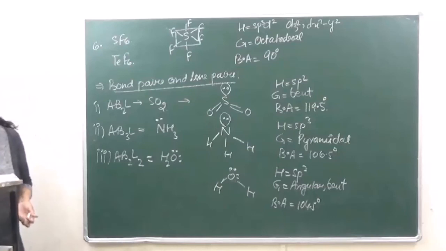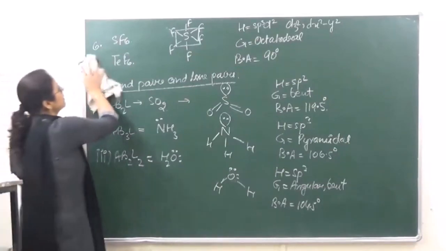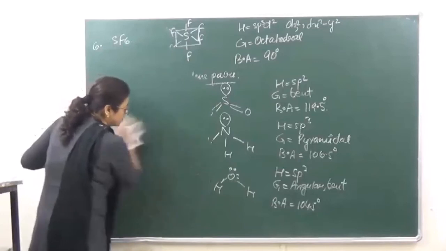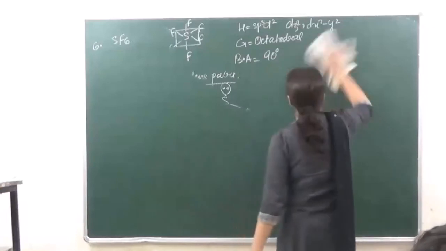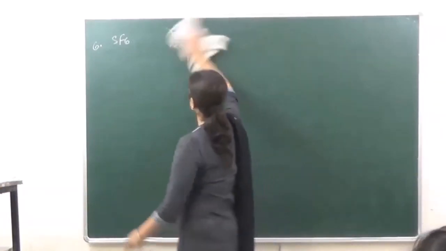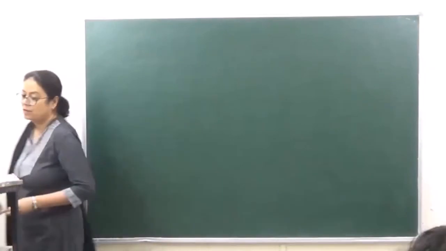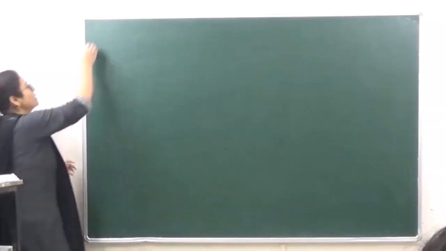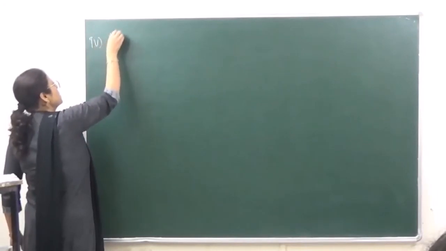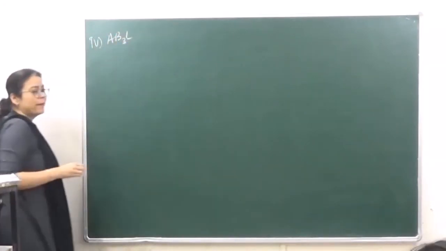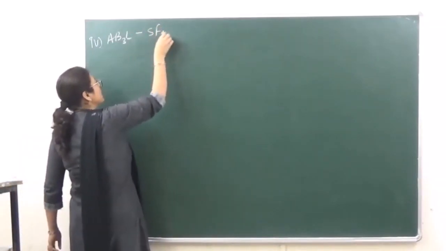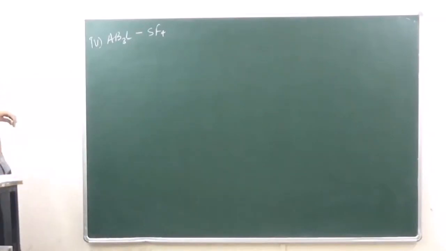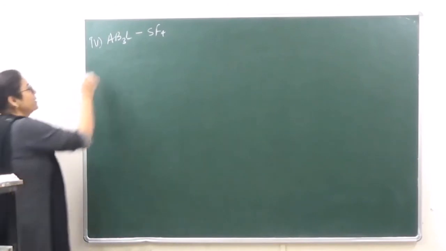Next we have AB4L. In this case, there are 4 bond pairs and 1 lone pair. Example which we can take is SF4. Now, in case of SF4, there are 2 structures which are given for the direction of the lone pair.